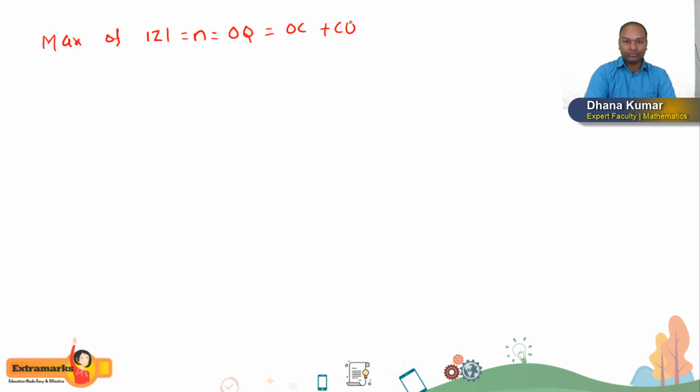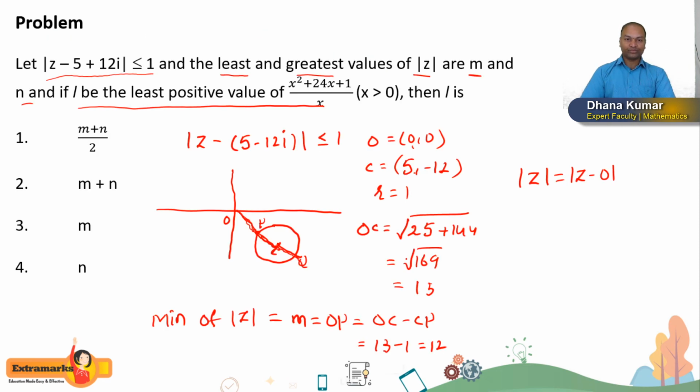OC length is 13, and CQ is the radius, which is 1. So that is equal to 14. N value is 14.